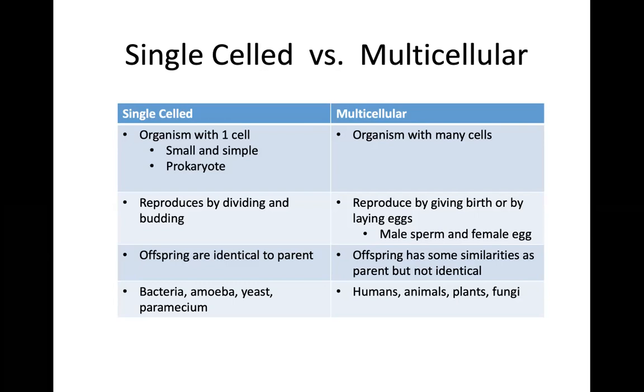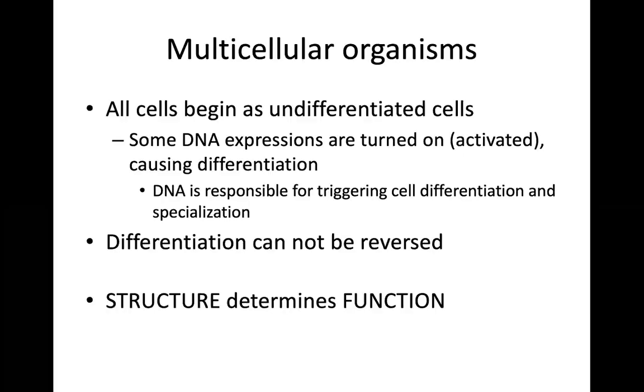All right, so an example of a single cell organism would be bacteria, and multicellular would be humans, animals, plants, which we talked about when we talked about eukaryotes. Okay? So all cells begin as an undifferentiated cell.